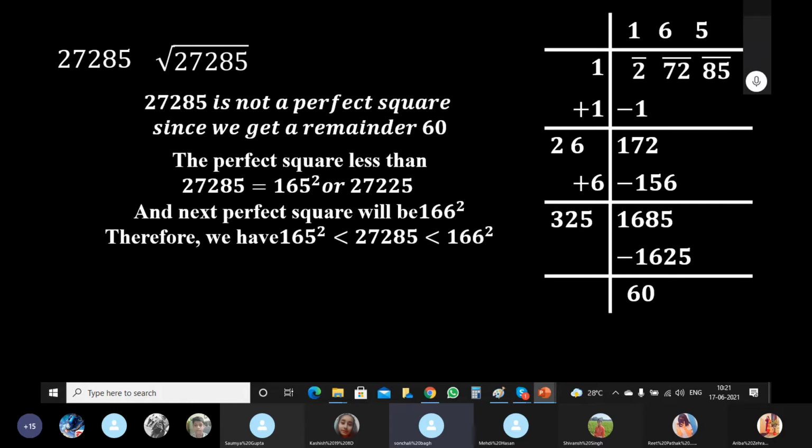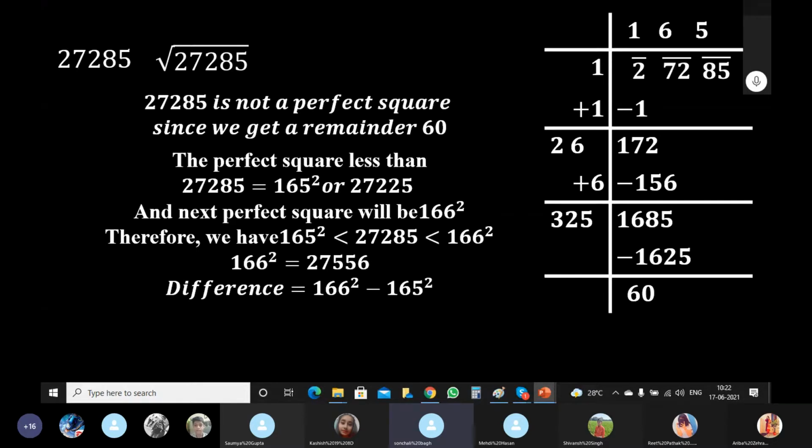Yes, ma'am. So what can we do? If I find the difference between these two numbers, that is 166 squared and 27285, then I will get the add-on number, or not? Yes, ma'am, we will get the extra number. And 166 squared is 27556, right?